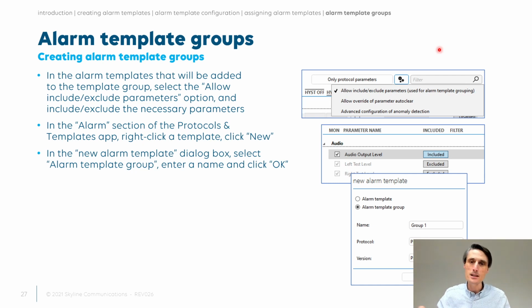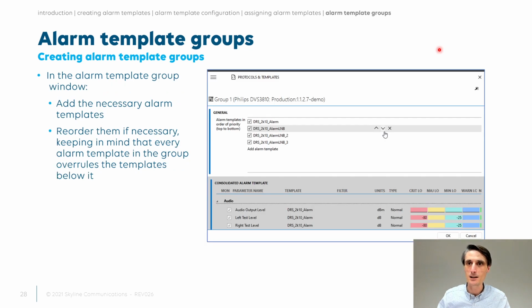But of course, remember in this case with the HD and SD example, I could also use the normalization of the parameters as well. So depending on the situation, one or the other might be applicable. But remember that the grouping might come in handy to have some good management of your thresholds. So you can see the result here at the bottom of combining several thresholds together, or alarm templates together in this group here.